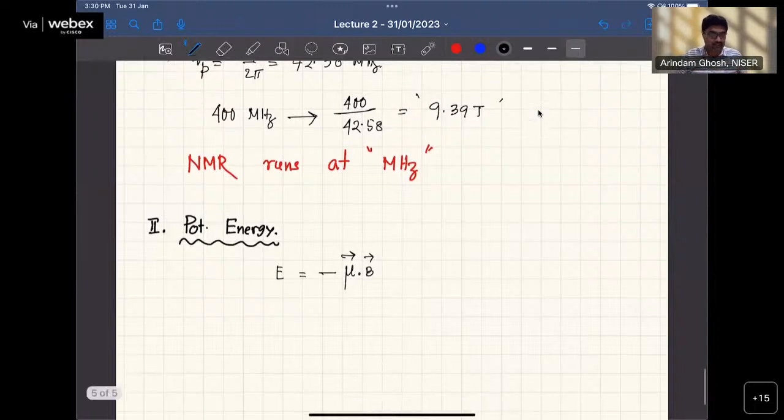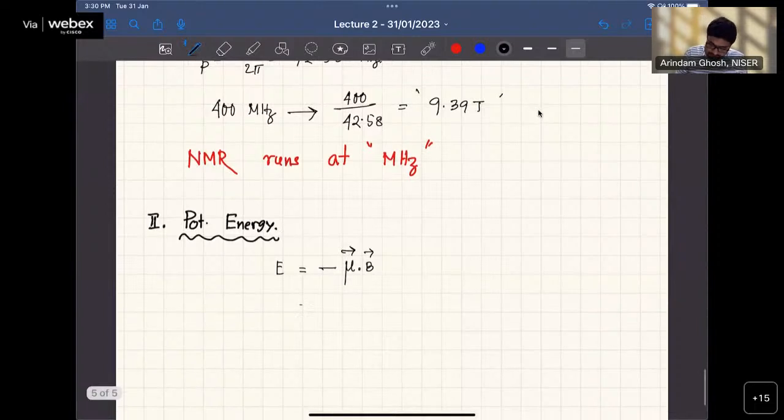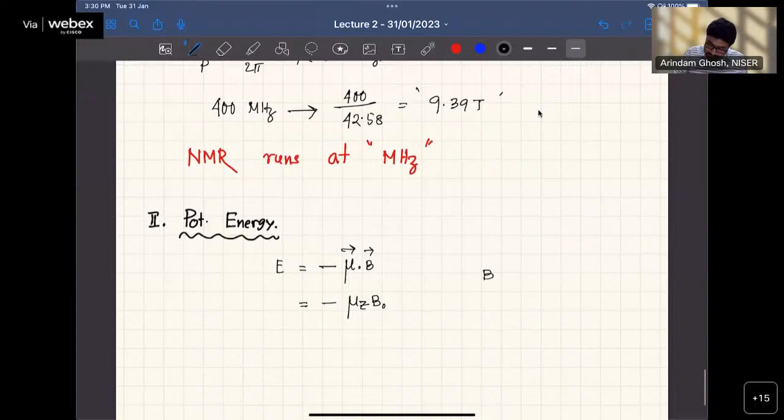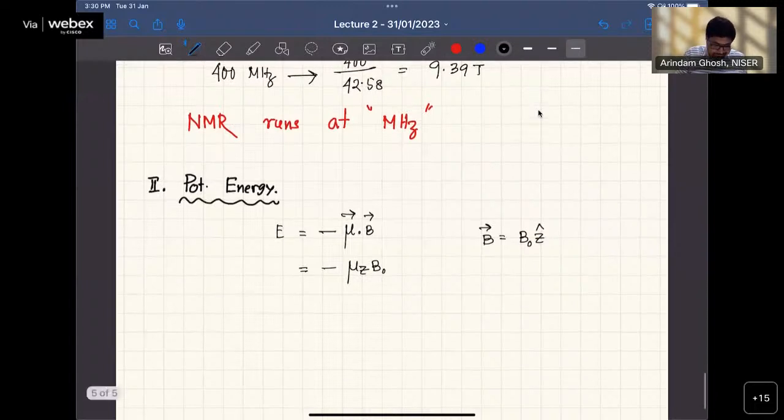That's going to be the energy E. So we can write this as minus mu z B0, because if B is only along B0, along the z direction, the way we have taken it, then it is only the z component of mu that is going to be there, because that is the rule of the dot product.